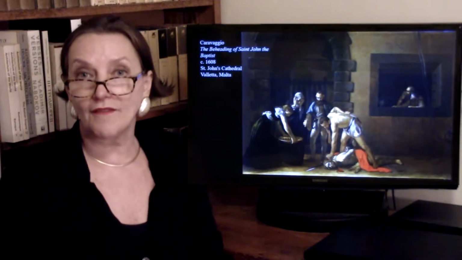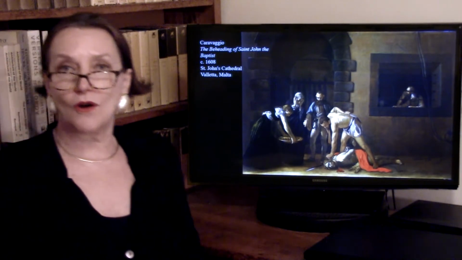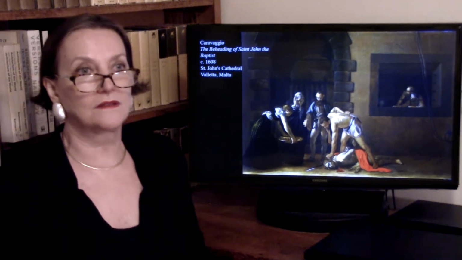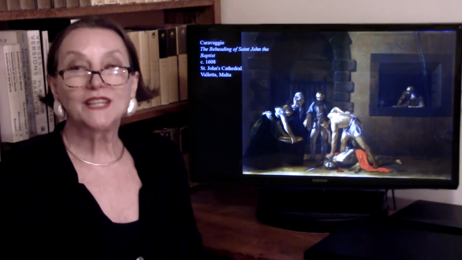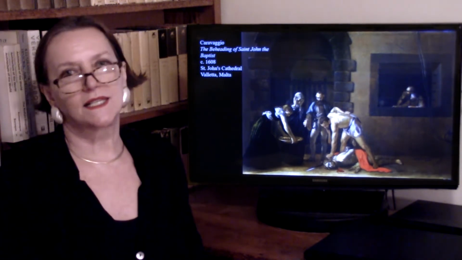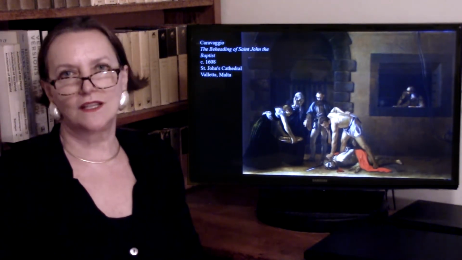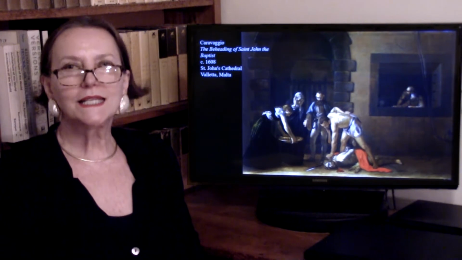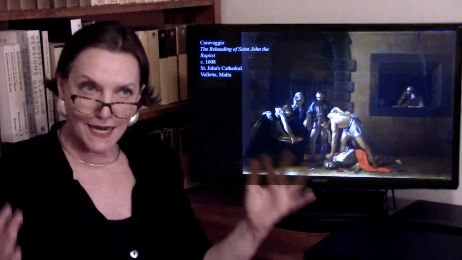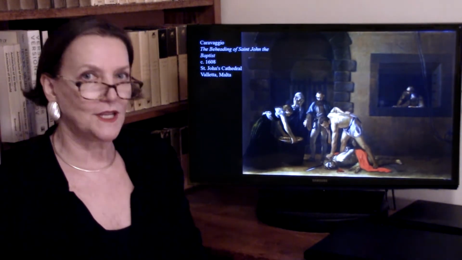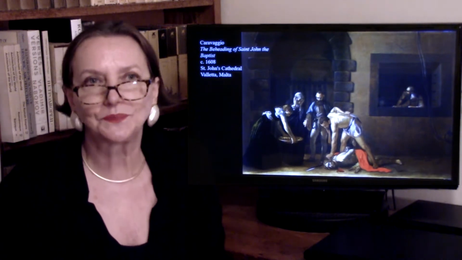Well, can Caravaggio do as everybody else does? Of course not. That's just not even possible. So what he does, he goes on the other side. He's not interested in the Feast of Herod. What he's interested in is the decapitation itself.